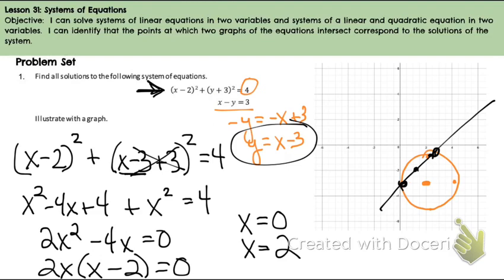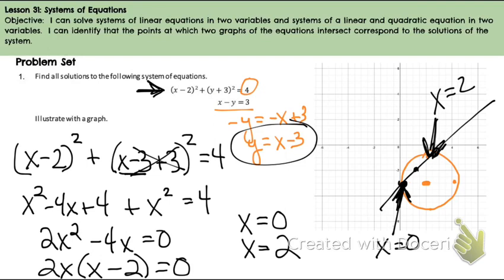Okay, and if you look at the graph, that one, x equals 0, right there. And here, if I had any artistic ability, that's x equals 2. Okay, so it actually worked out. So let's actually find the true solution sets. y equals x minus 3 was one of our equations. Well, I know my x value. I know x equals 2.